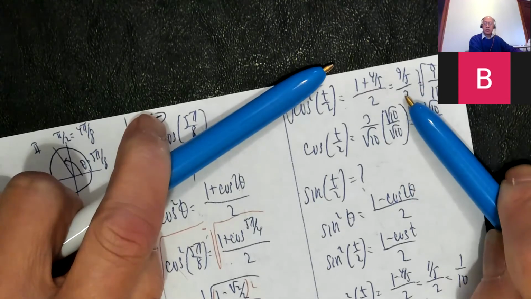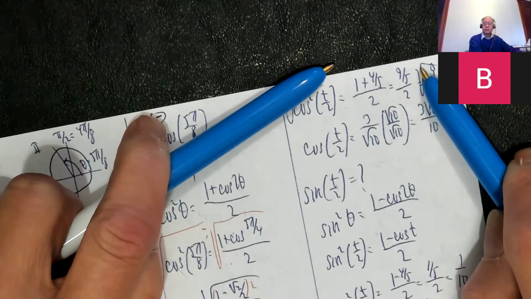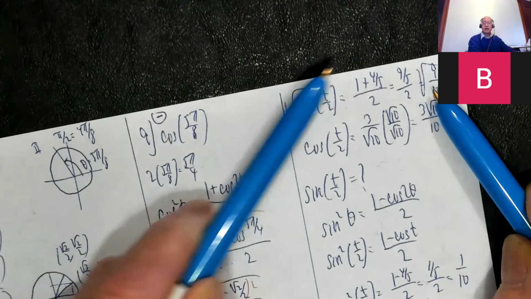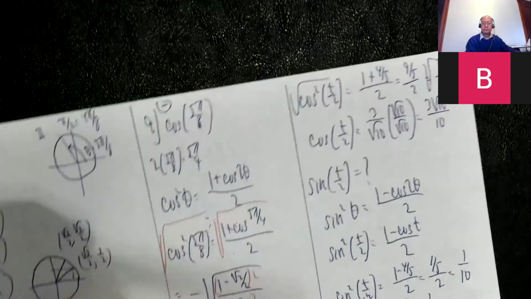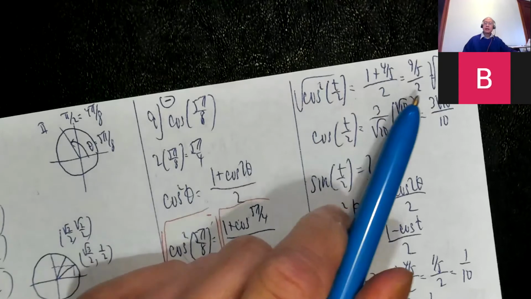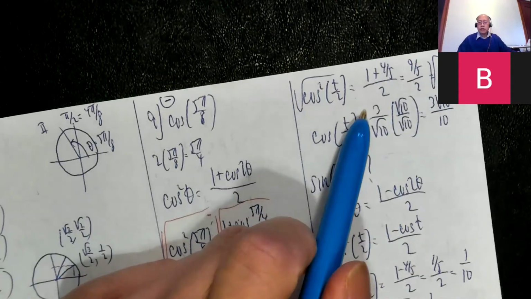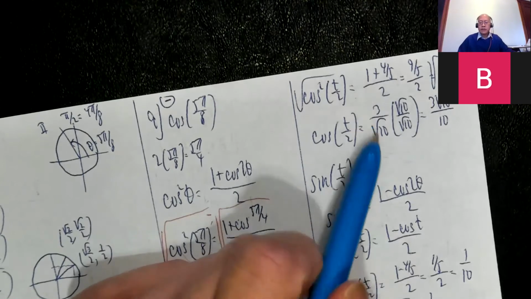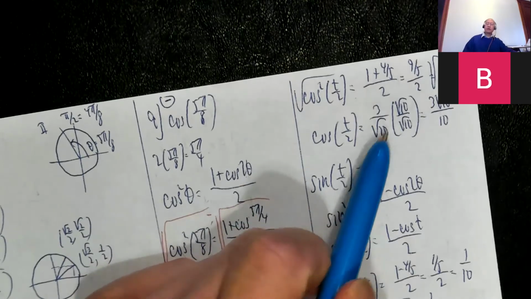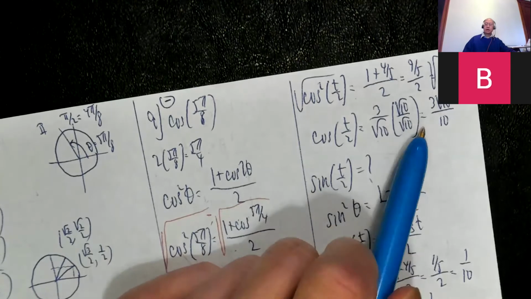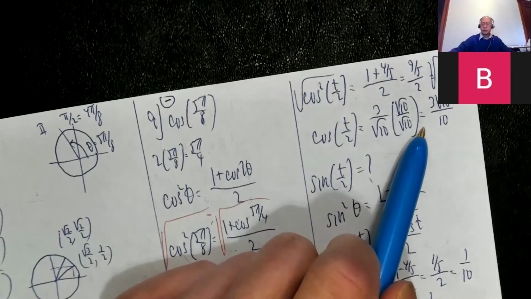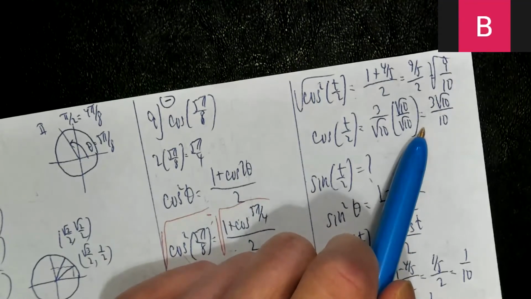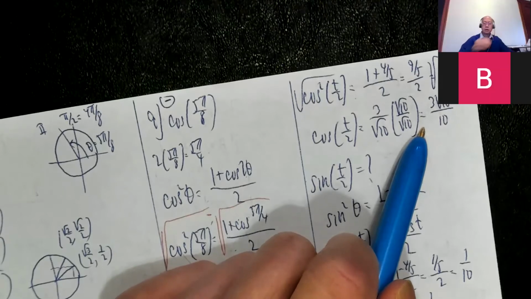That 5 can slide down with the 2, so I have 9/10. Take the square root of both sides, and I have the square root of 9/10. Square root of 9 is 3, so 3 over radical 10. I don't mind that you leave it at 3 over radical 10. If you want to rationalize the denominator, 3 radical 10 over 10, that's also fine. Both of those are good as far as I'm concerned.